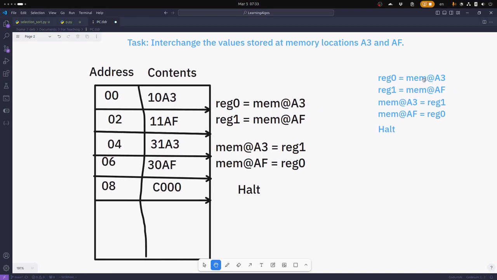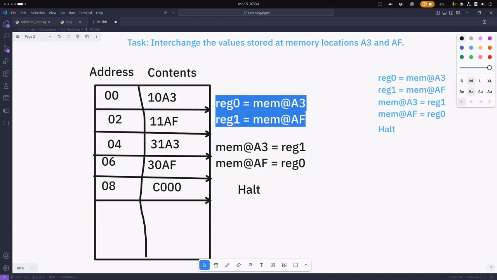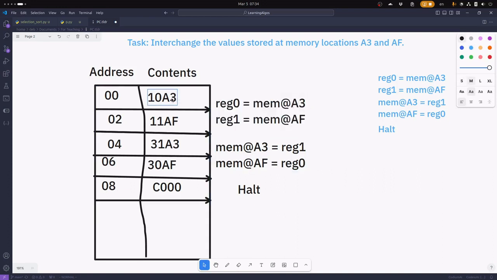So see, this is the first instruction, and we converted this instruction into this machine language. This machine language means this first line, and then this note, because this is just for us to understand.